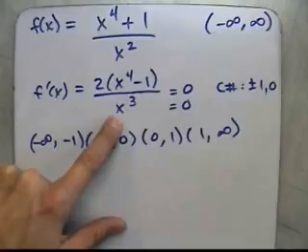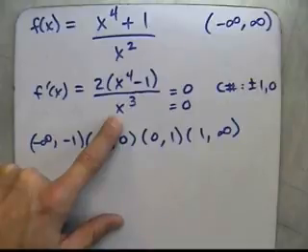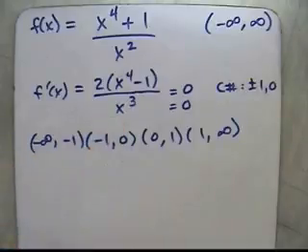So it'll be a 2x to the 4th, and then minus 2, and then divided by x.